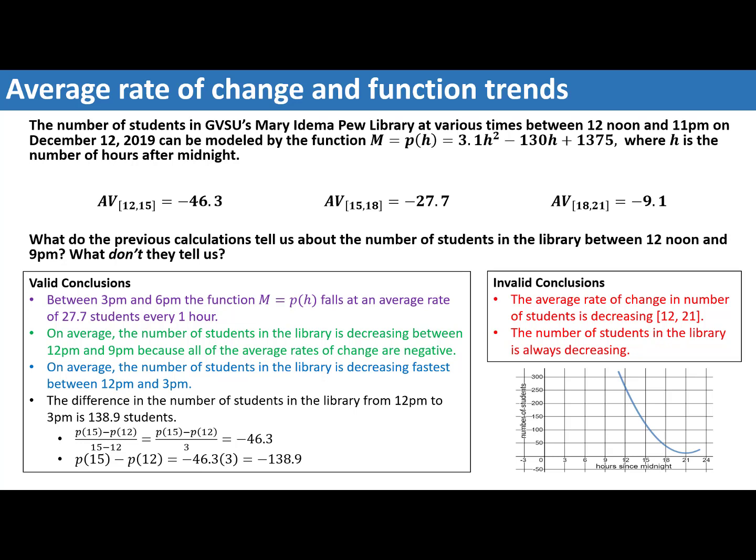So the number of students in the library would be increasing. Or if you used our actual function, P of H, you could calculate the average rate of change from, say, 21 to 23 hours, and you would see that you get a positive average rate of change. So be careful to make sure that your sentence is specific and precise enough to make sure it is always true.